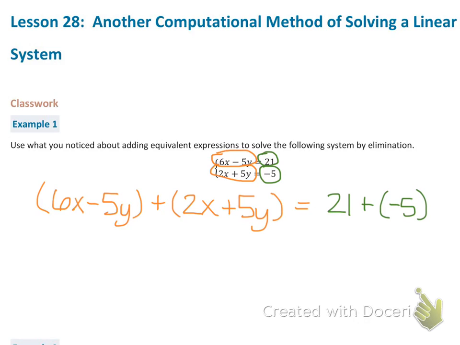Okay, well, why do I want to do that? Well, notice that something happens when I do that, because I've got a negative 5y here and a positive 5y here. So when I simplify the left-hand side, which I'm going to do right now, the y's are going to disappear, and I'll just have 6x plus 2x is equal to 21 plus negative 5, which would be 16.